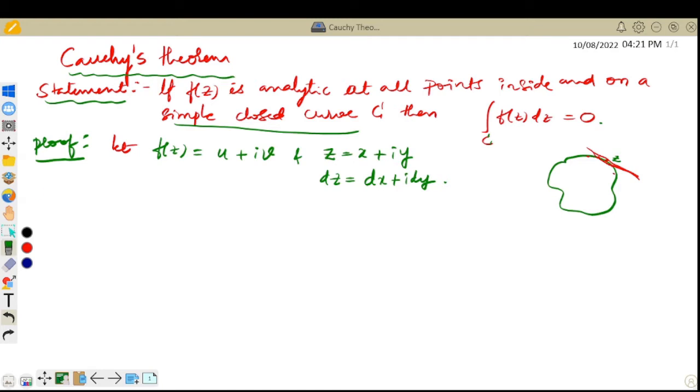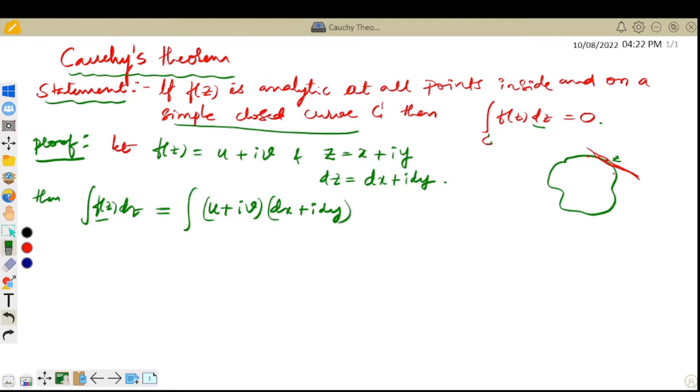Now the integration of f(z) dz is equal to the integration of u plus iv multiplied by dx plus i dy.